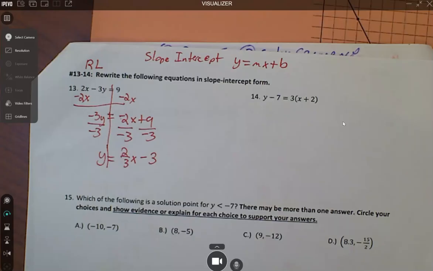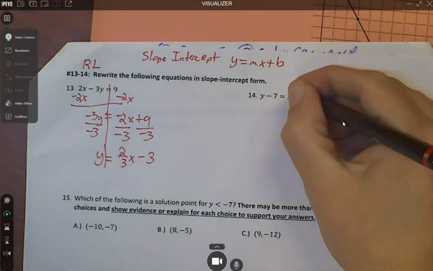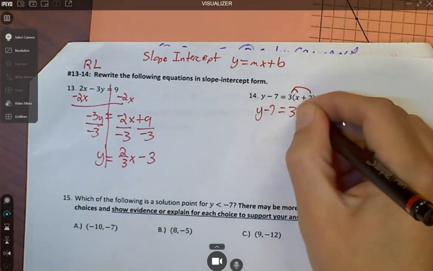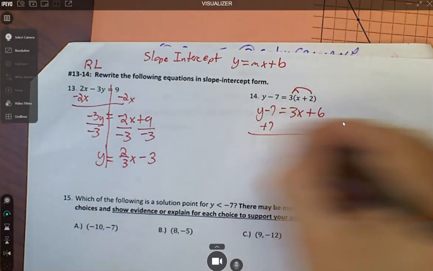Point slope is technically linear, doesn't really have a vertex, but it has a vertex form, and it's really point slope even though there's no vertex. Okay, so all you had to do, distribute that across. And then to get y alone, I just add 7.